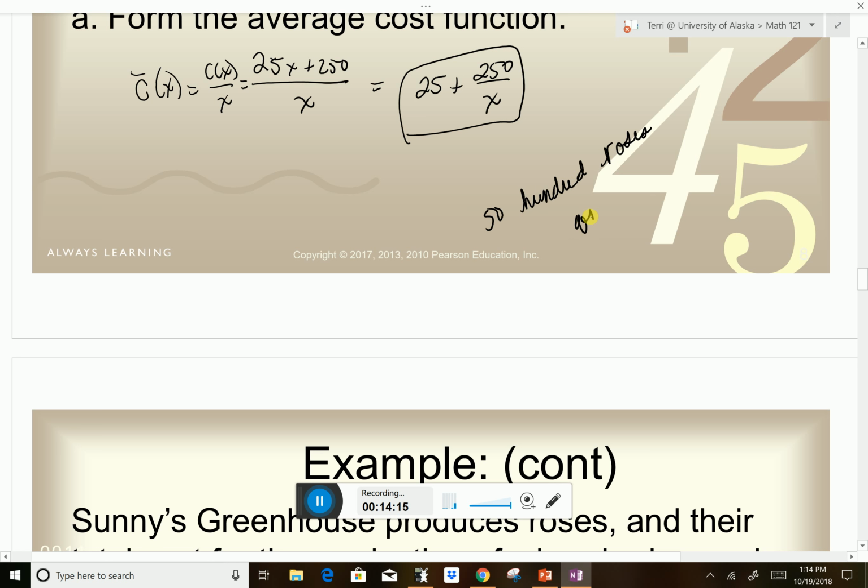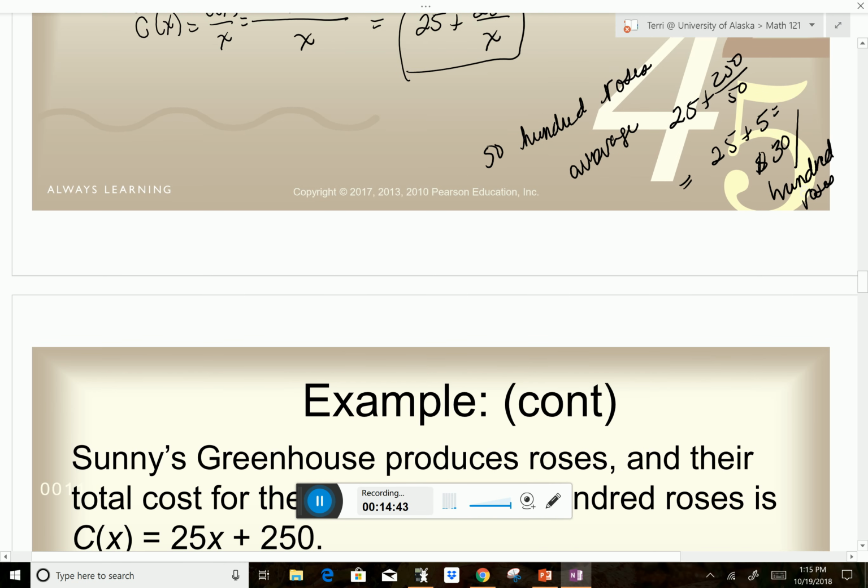Then their average cost is 25 plus 250 over 50, which is 25 plus 5. So $30 per 100 roses. So on average, it costs them $30 to produce 100 roses.